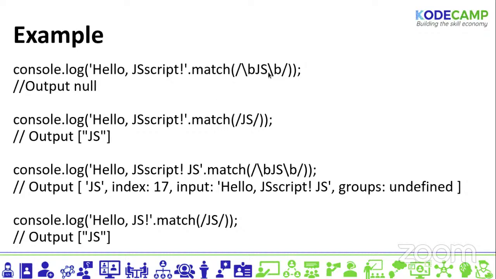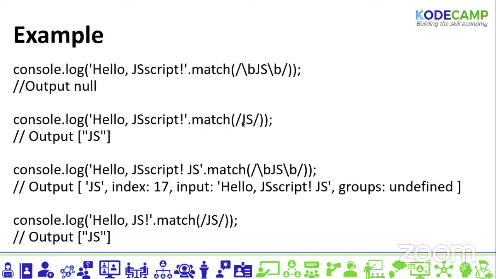Because we are telling JavaScript that what we need is just J and S, and it should not be followed by another word, and it should not come after any word. Maybe you have a word before JS or a word after JS. No, it has to literally be JS, no other thing. So here we have JS, but we have script after it. So this doesn't match.